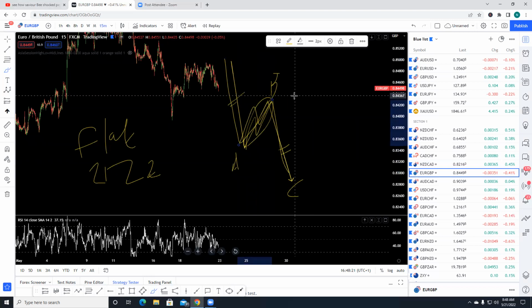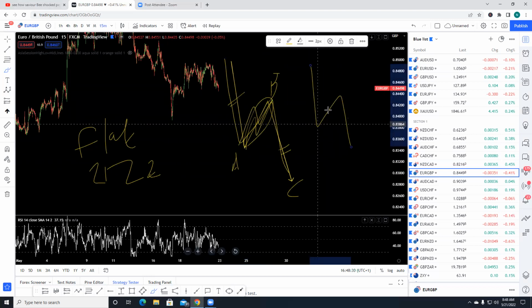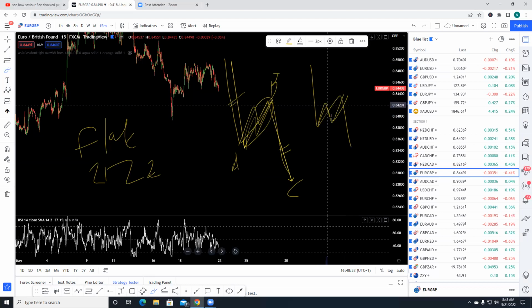Boom. But if I'm saying that we have a flat inside a zigzag corrective structure, it means that this is a corrective structure, but inside this there must be three waves. You are having 1, 2, and 3, which is not a zigzag, but a flat corrective structure. You can see this one is deep down and this one comes up, okay?